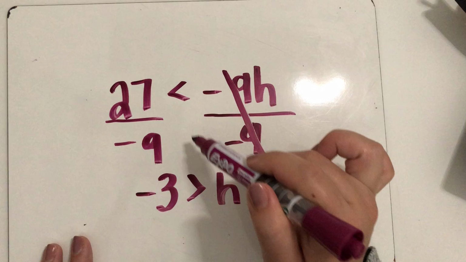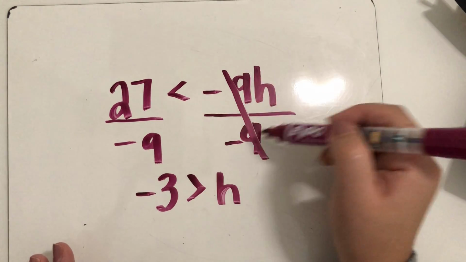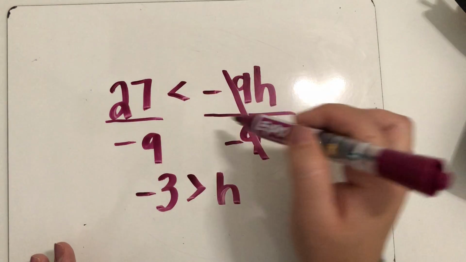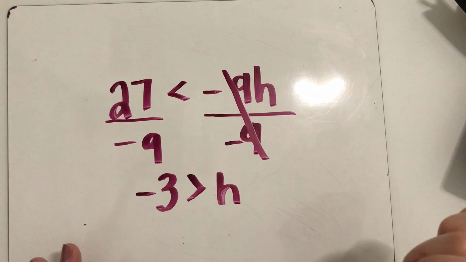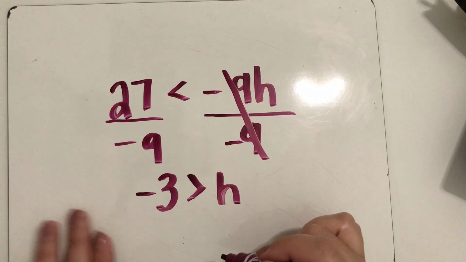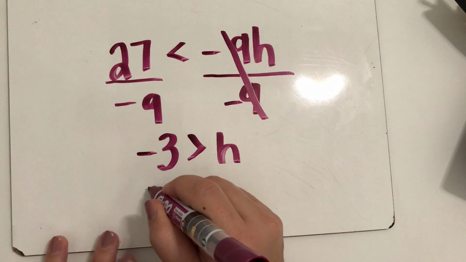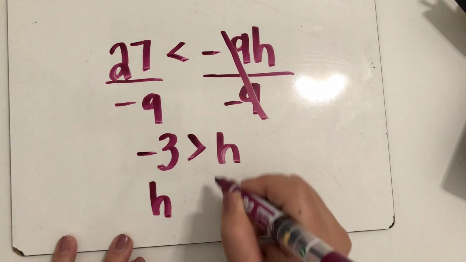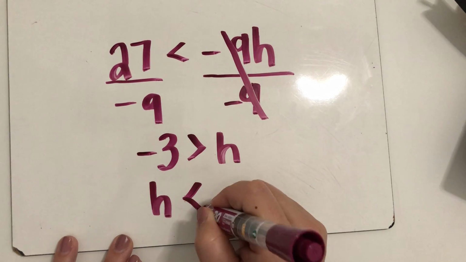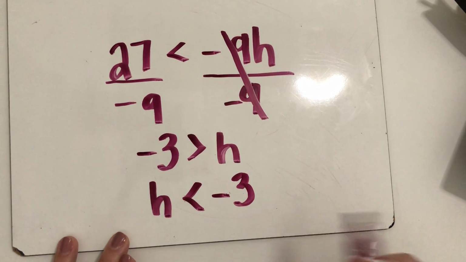So if I hadn't changed this, my inequality wouldn't make sense because any number I put in here wouldn't be greater than what's on this side. Okay? So let's go ahead and put this to where my variable's first. So again, I'm going to put the variable. My inequality sign follows the variable, and I bring that -3 down.